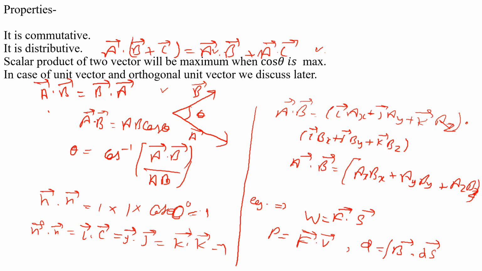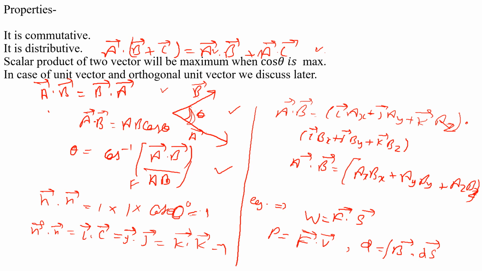Next, it is always a scalar, which is positive if the angle between the vectors is acute, means less than 90 degree, and negative if the angle between them is obtuse, means theta varies from 90 to 180 degree. Next, we can also find theta value from this. We can see here a vector, b vector. Here the angle is theta, and we can also find theta value from this.